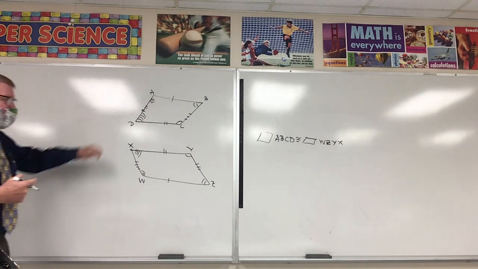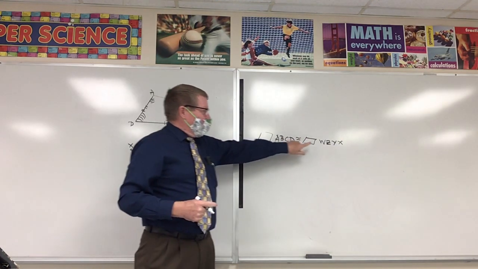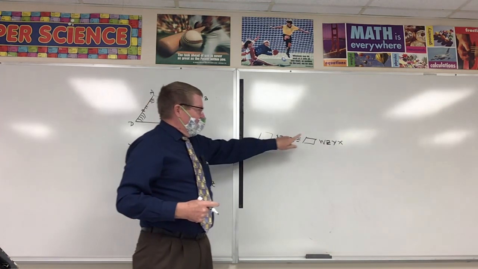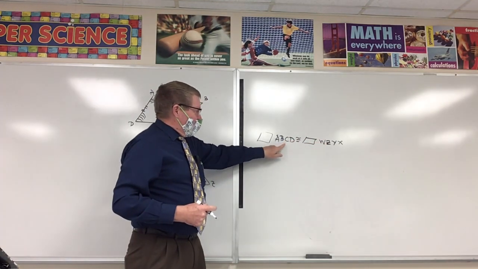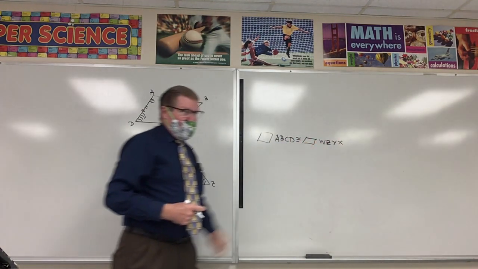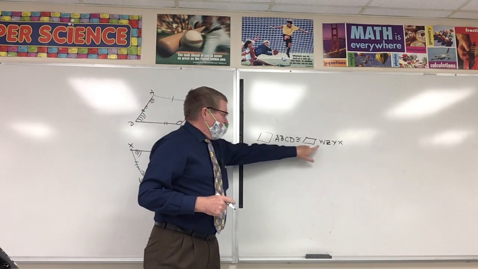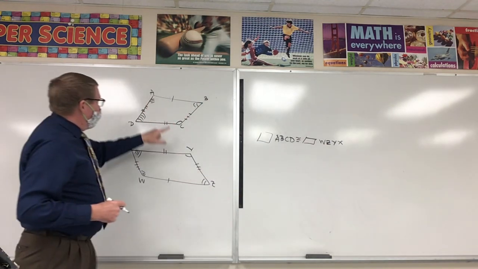So if I didn't have a diagram at all, and I just have this, I know that angle A is congruent to angle W, angle B is congruent to angle Z, angle C is congruent to angle Y, and angle D is congruent to angle X. I also know that AB is congruent to WZ.